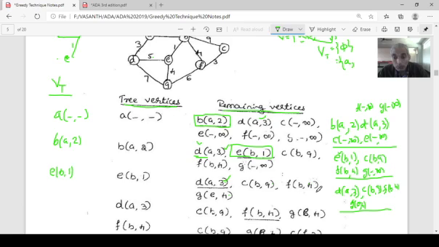So what we are doing in the next step, now you add this to the left hand side. So now here in the left hand side we will add this A to D edge. You are going to add an edge from A to D with the cost 3.